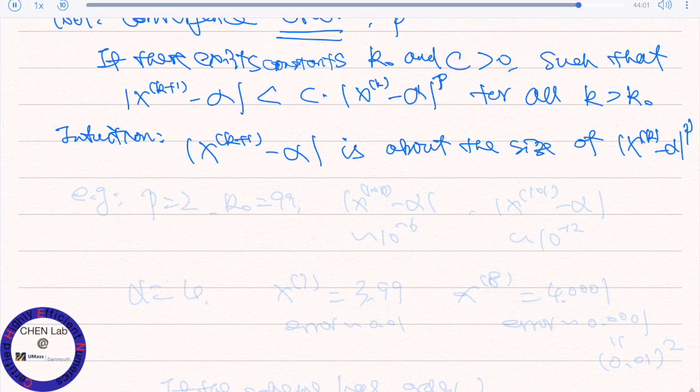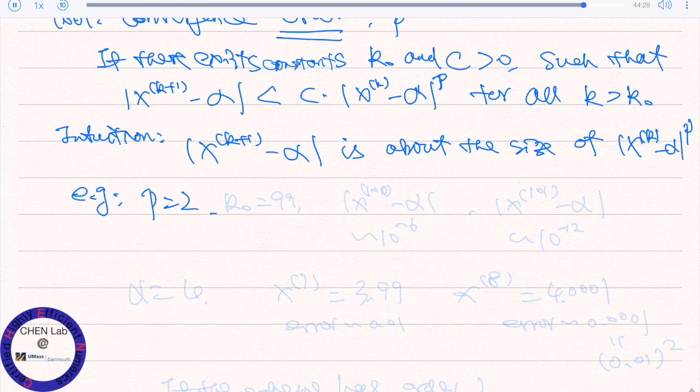Think about this. For example, if p is 2, that means after a while, after you proceed according to the scheme, after step k0, your error squares each time.